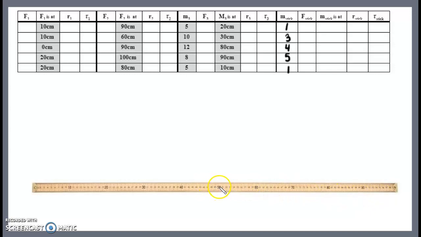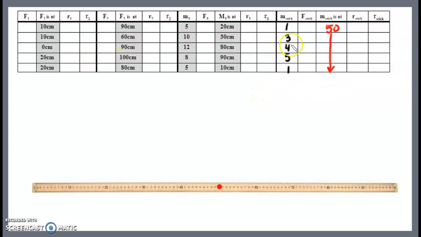So for a meter stick, the center of mass is going to be right here at 50 centimeters. Just like for these other ones, it was given in centimeters, so I'm going to leave this one in centimeters. 50 centimeters, and that's the same for all of it.